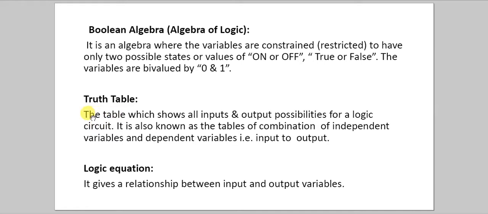It is also known as the table of combinations of independent variables and dependent variables, that is input to the output. Now, logic equation. What is the logic equation? It gives a relationship between the input and the output variables.